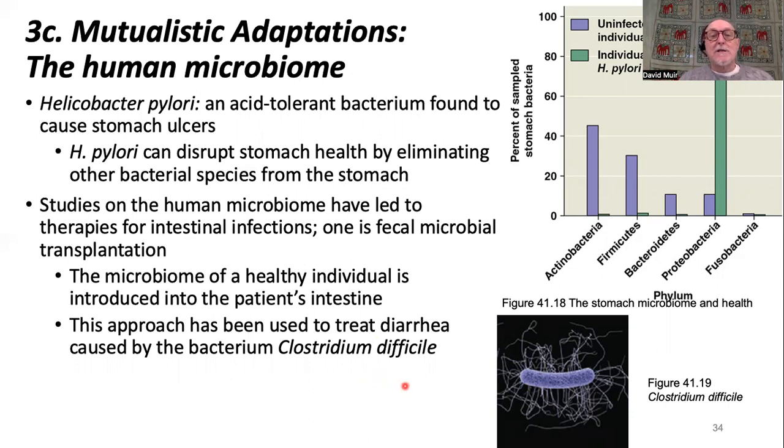So the question is then, how do we introduce the microbiome of a healthy individual into somebody's intestine? And the answer is you do a fecal transplant. You simply take feces from a healthy individual, especially somebody who has not had antibiotics, and simply transplant that into the upper part of the colon of somebody, and the bacteria will happily colonize the new gut.